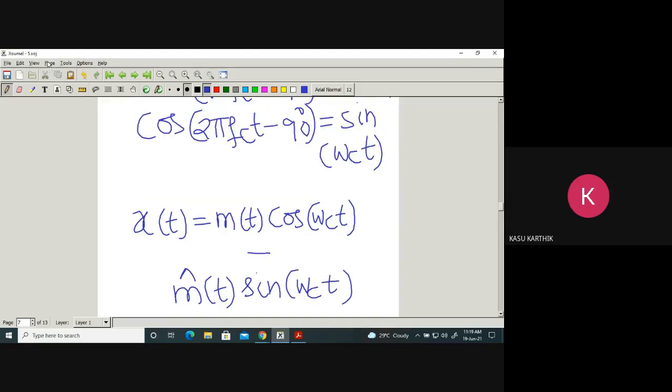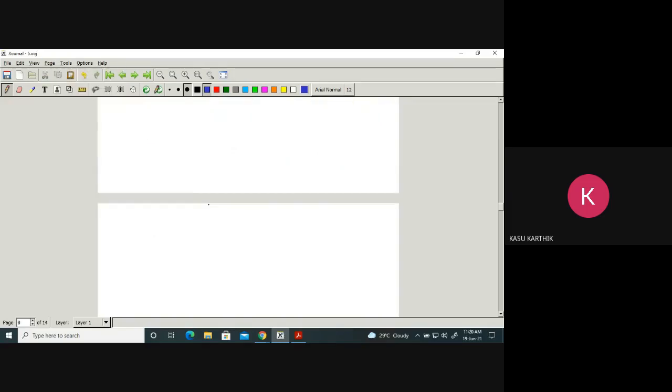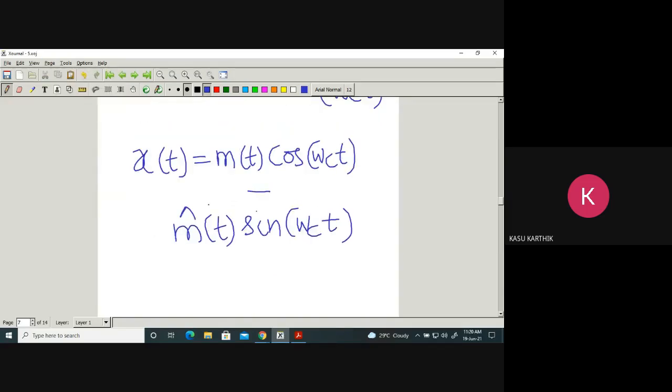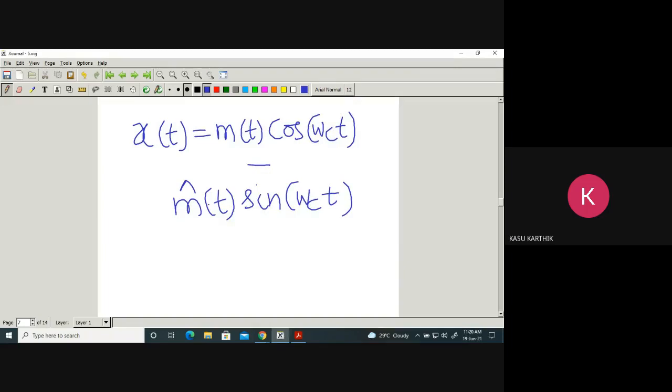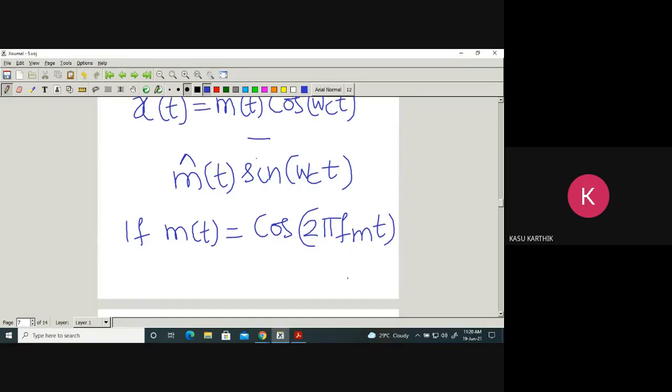Here, what I'm saying is I've taken this equation x of t. So if m of t equals cos 2 pi fmt, I'm not writing Am, you forget that. What is m hat of t?